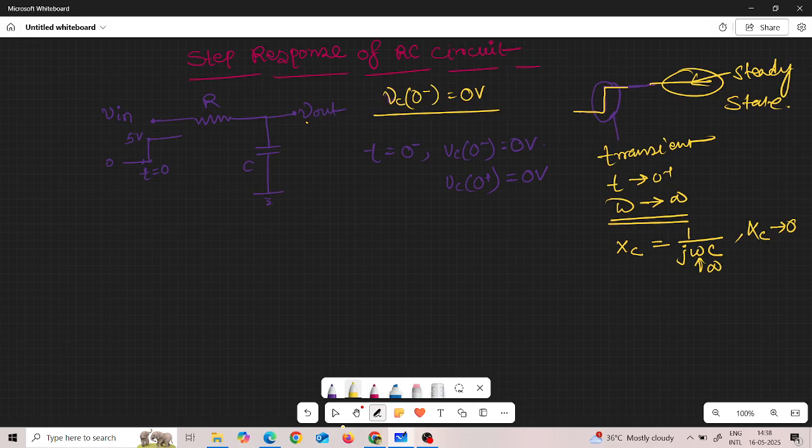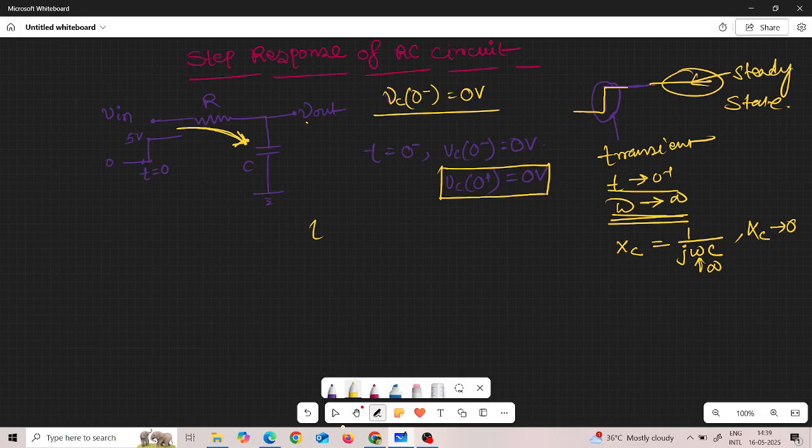Initially the capacitor acts as a short circuit, and then gradually the capacitor starts charging. So gradually the capacitor voltage increases. At t is equal to 0 plus, omega tends to infinity, and the voltage across the capacitor is 0 volt. Now as the time increases, the capacitor gradually charges and its voltage increases.